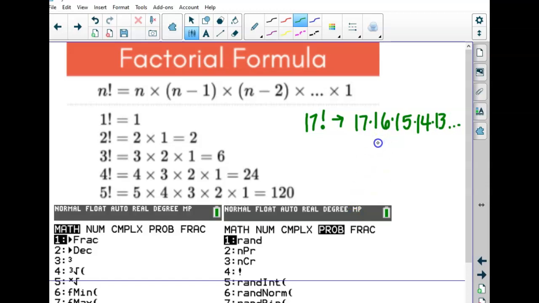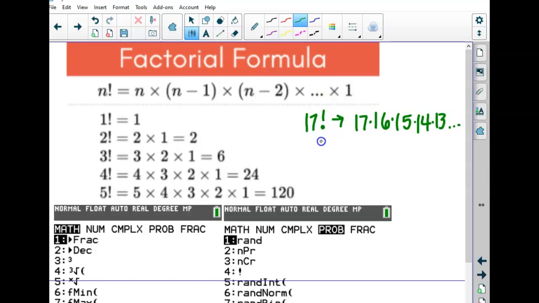An easy explanation: our class has 17 people today. If we're going to line up at the door, how many different ways can we line up? When I pick somebody to be first, there are 17 of you to pick from. When I pick somebody to be second, there are 16 of you to pick from. If we all line up, it goes all the way down to 1. So that's 17 factorial.